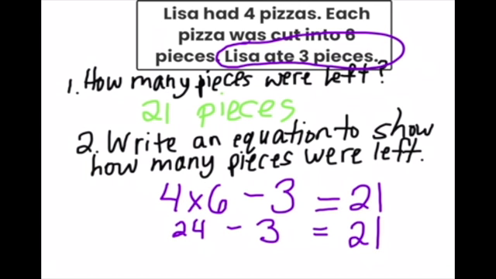So we have as our equation 4 times 6 minus 3 equals 21. If somebody were to look at my equation right here, they might go, okay, 4 times 6 minus 3. If they didn't know my answer was 21, they might not know what's going on. What would I do first? Would I do 6 minus 3 and then figure that out? Would I do 4 times 6? What would I do first?